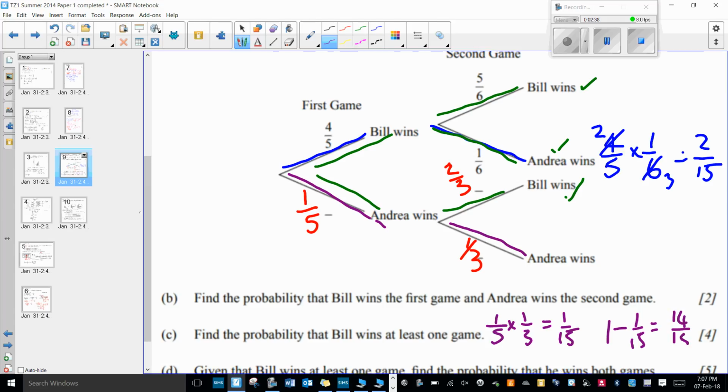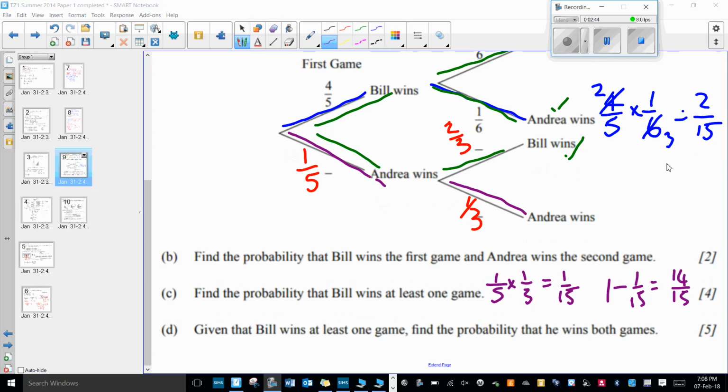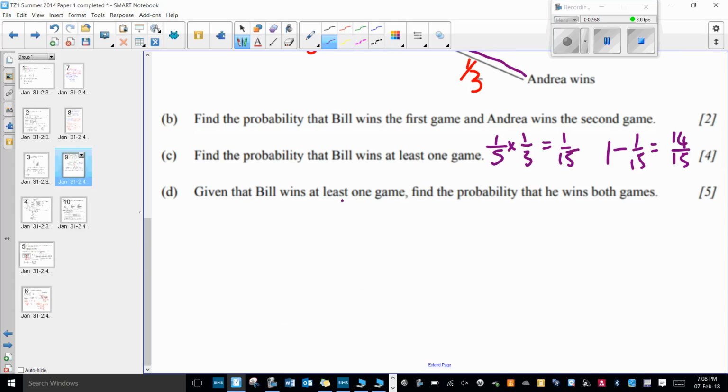Okay, given that Bill wins at least one game, find the probability that he wins both games. Okay, so we have just found the probability that Bill wins at least one game. So we found this. That was 14/15. We need to find the probability he wins both games.